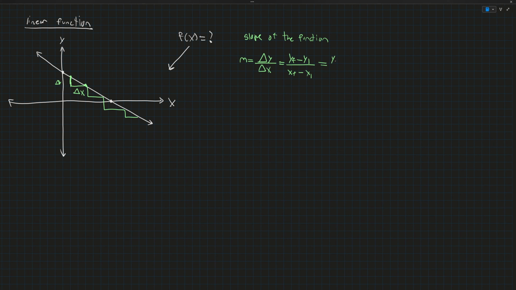You could also write it as y2 minus y1 over x2 minus x1, and this is known as the slope of the function.